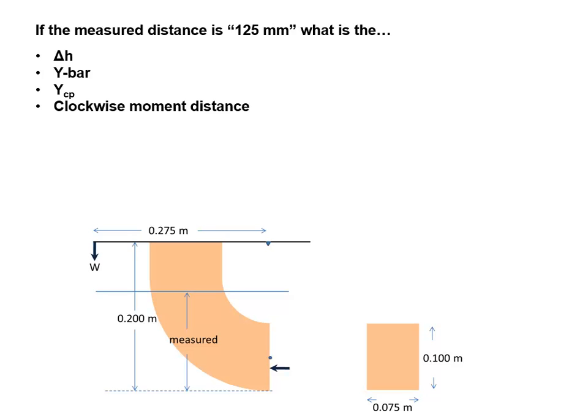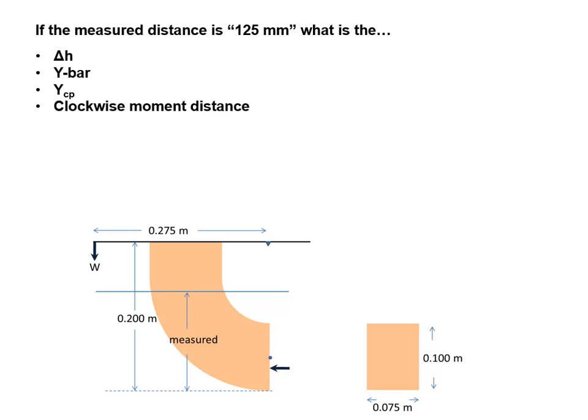So in this case, the delta H would be 0.075 meters. And since it's vertically oriented, since it's not at a tilt, y bar is equal to delta H. Anytime the object is straight up and down, we can say that those two are equal. So it's 0.075 meters is the y bar.